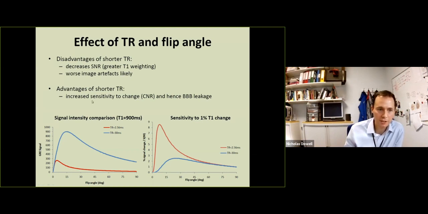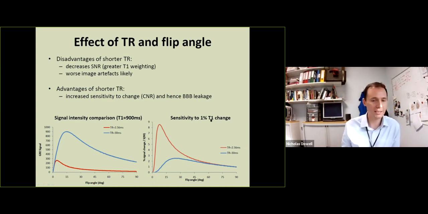But the big advantage, especially in the context of trying to measure really subtle changes in T1, is that you're sensitizing your signal to T1 much more. It's got a much greater sensitivity and a much greater contrast to noise ratio. So here is the sensitivity, the signal change as a result of an increase of 1% in T1.